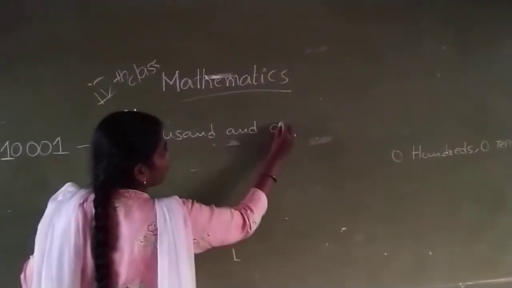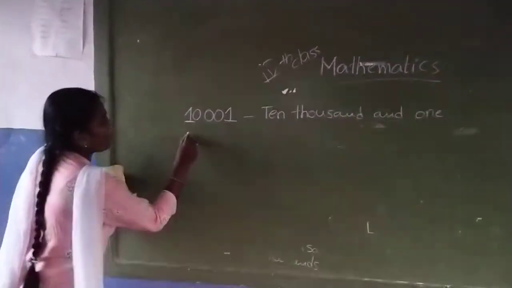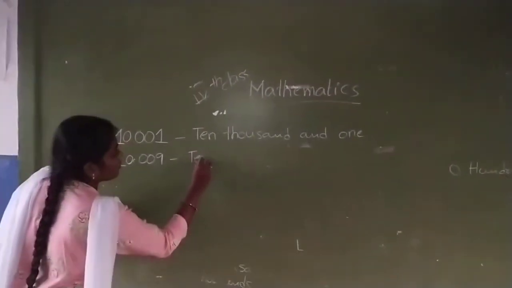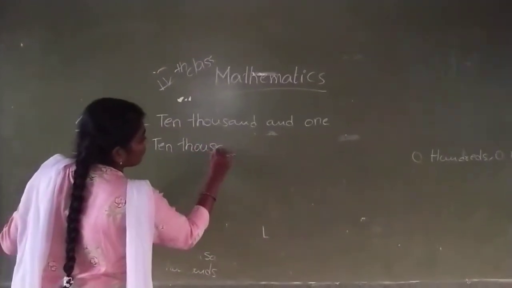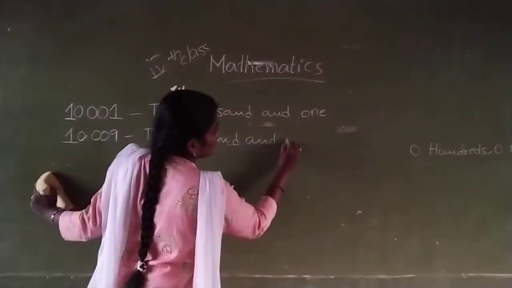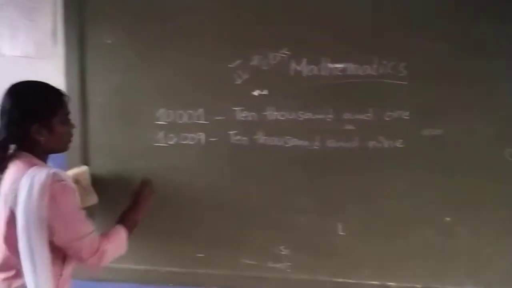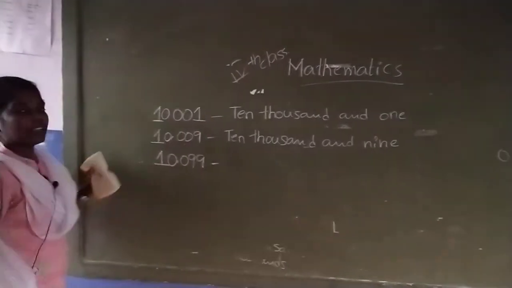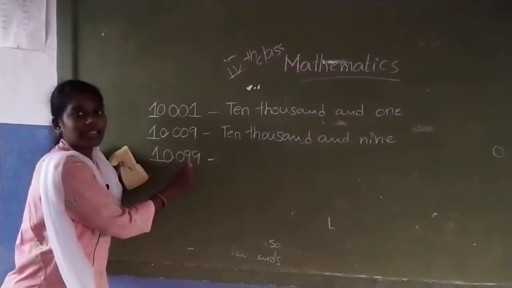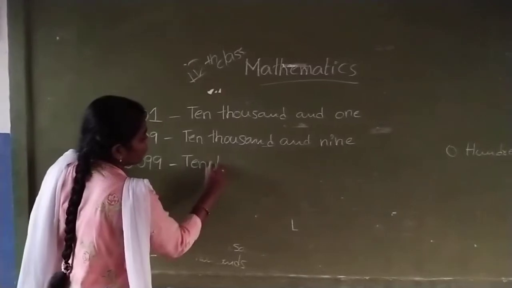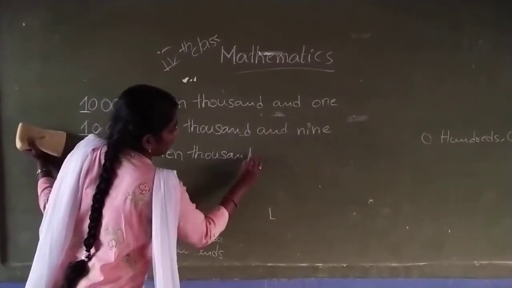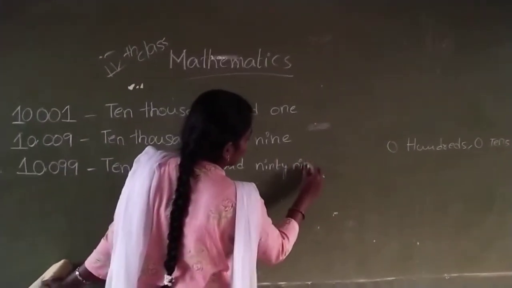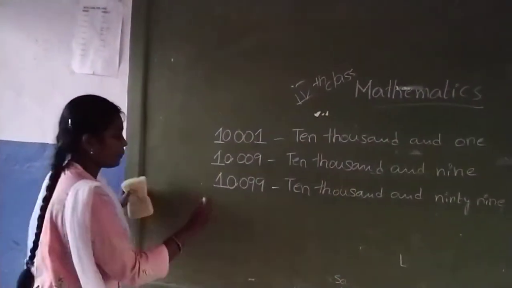This is 10,009. This can be read like this: 10,099.